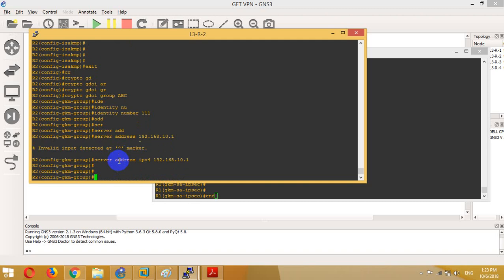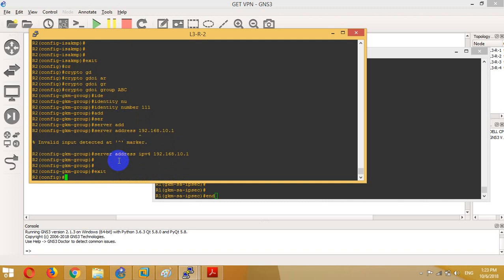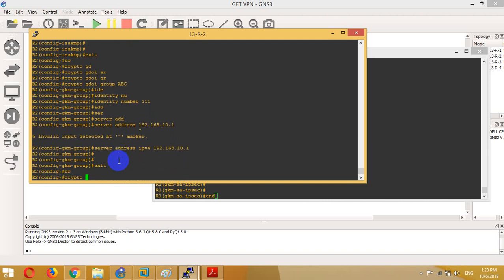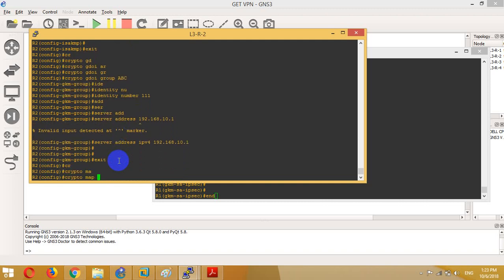What else will we write here? We'll configure the crypto map. Exit, crypto map, and give it any name, CMAP.